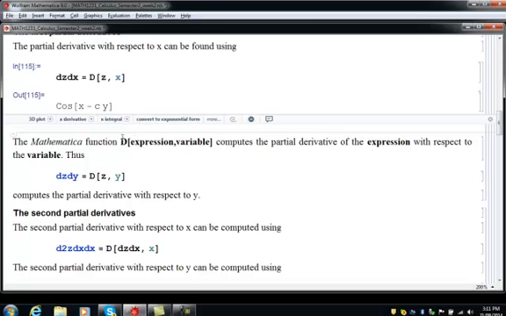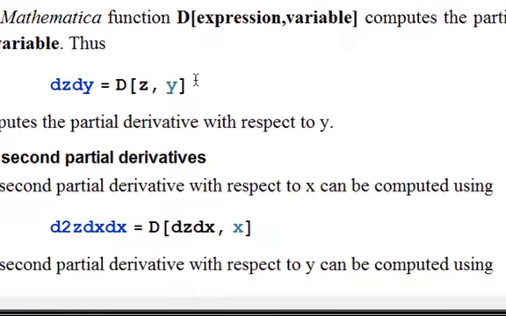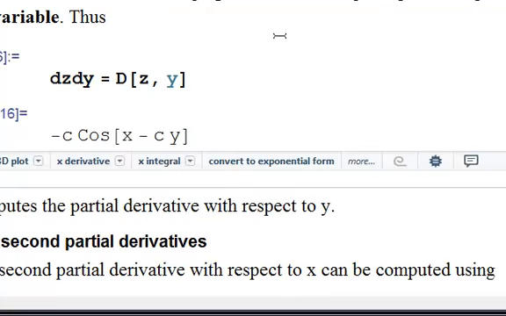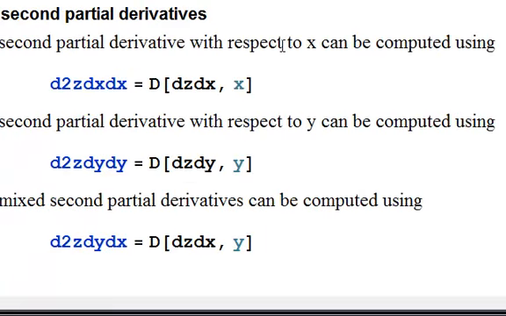So the function D, expression comma variable, computes the partial derivative of the expression with respect to the variable. Thus, dz dy is equal to, we apply the function D to z with respect to the variable y, and we get that. So that's the first partial derivatives.